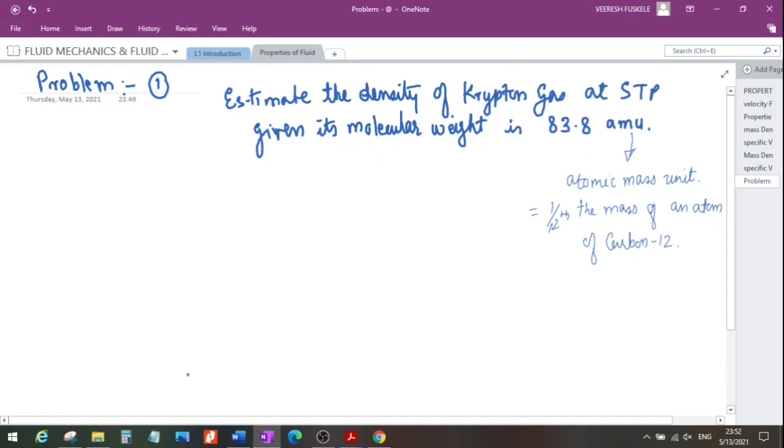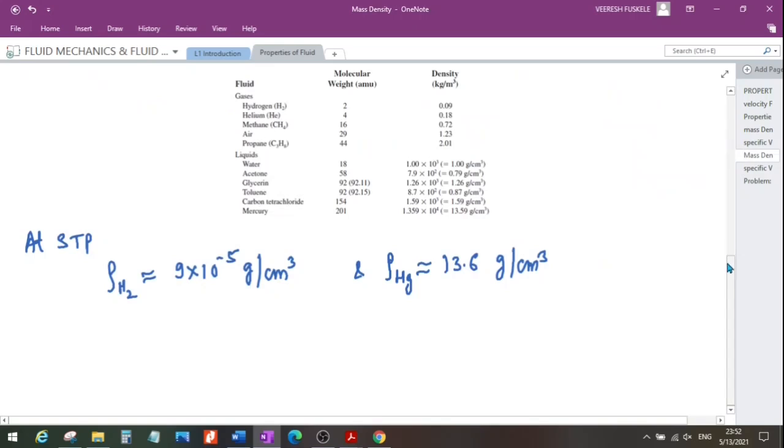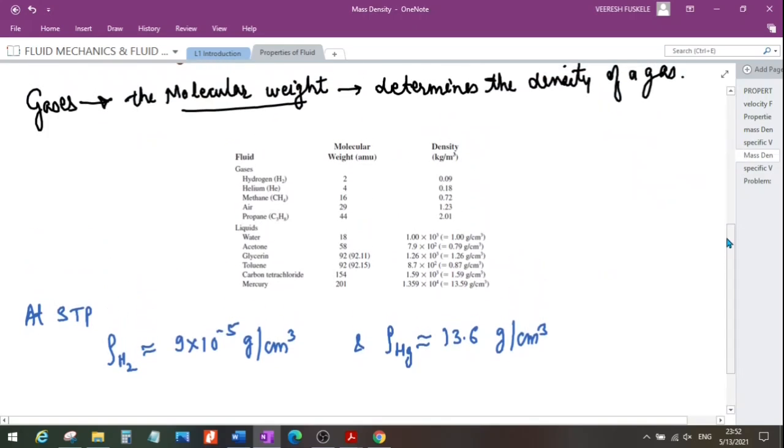We just saw this table where we have the values of the molecular weight and values of densities. So we can see that the molecular weight for helium is 4 and its density is given as 0.18 kg per meter cube.